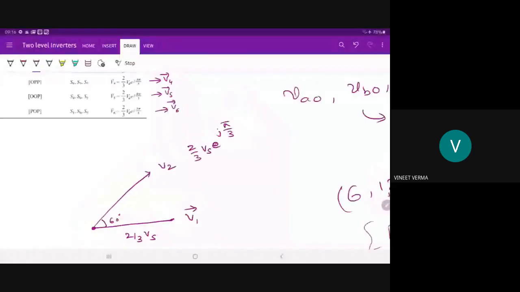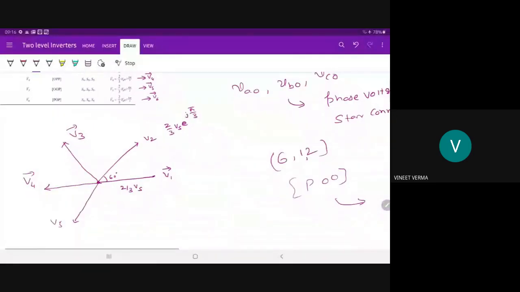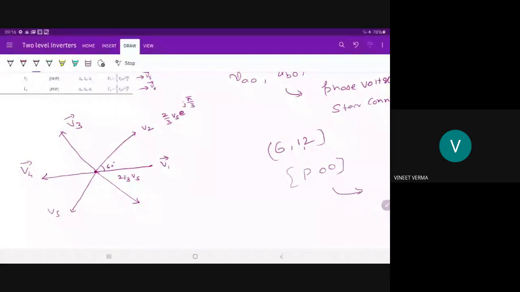Clear? Similarly, there is another vector, something like this. So this is the V3 vector, and this is the V4 vector, and we have this V5 vector, and we have this V6 vector.